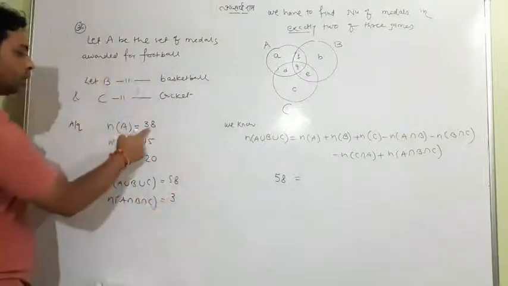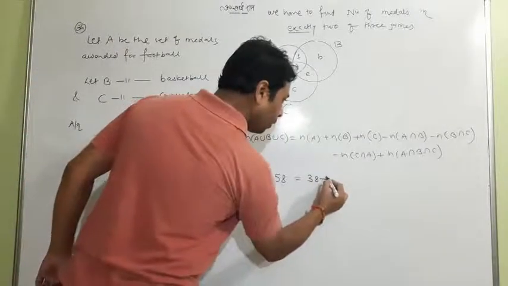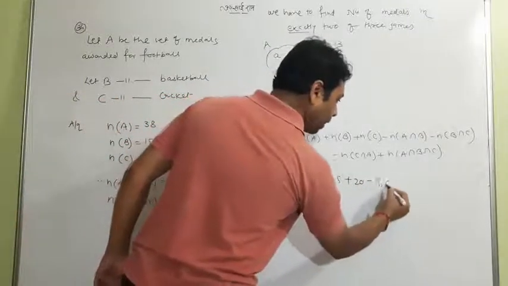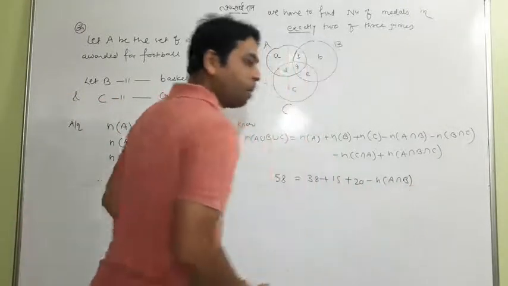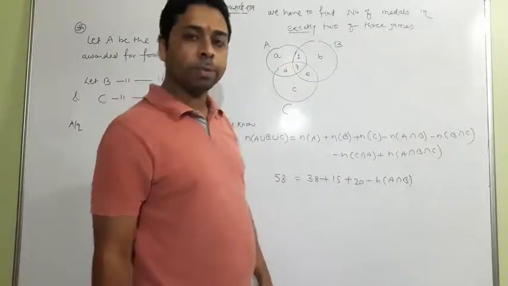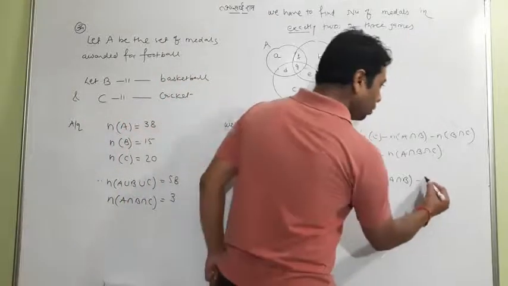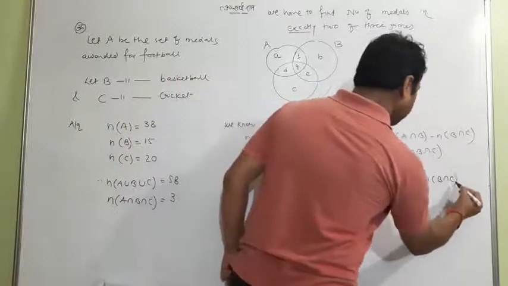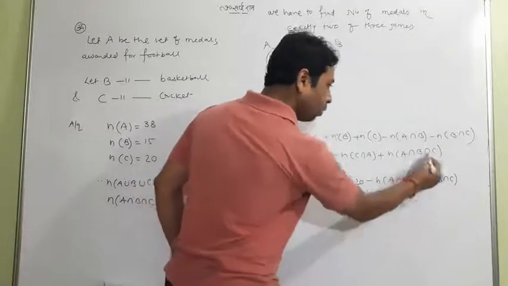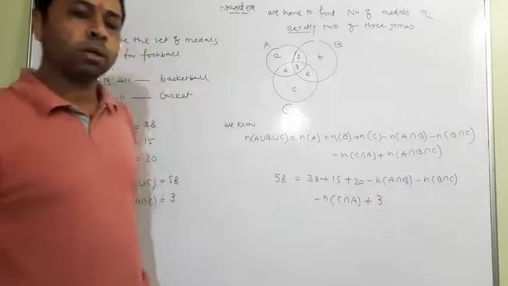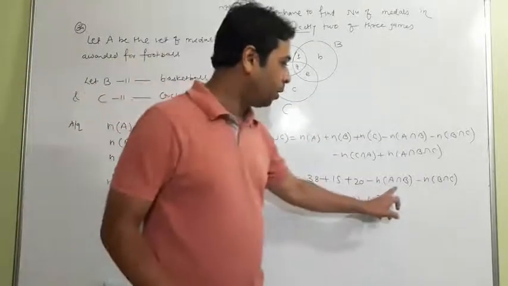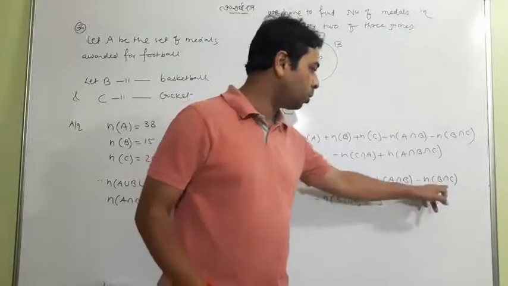N of A is 38, then 15, N of B, N of C is 20. Very important: A intersection B, the medals in A and B both, we don't have given. B intersection C also we don't have, C intersection A also we don't have, but for the players who got medals in all the sports, we have 3. So now we find A intersection B, B intersection C, and C intersection A.